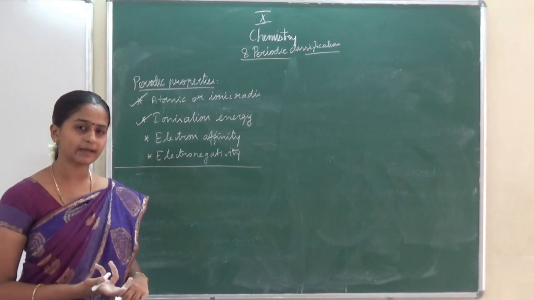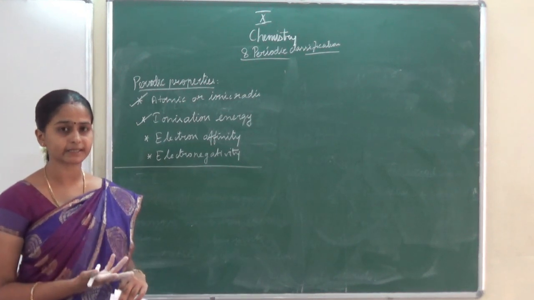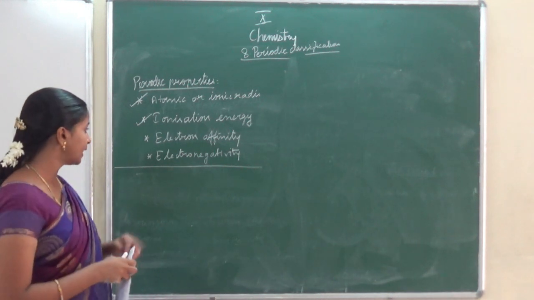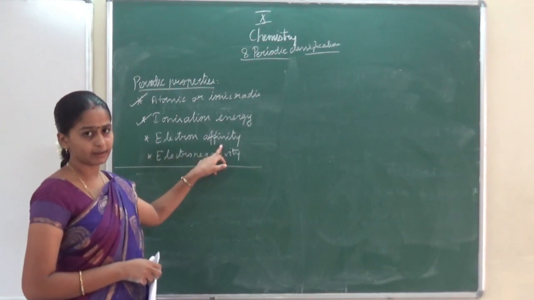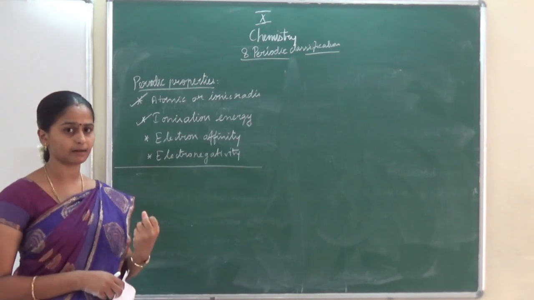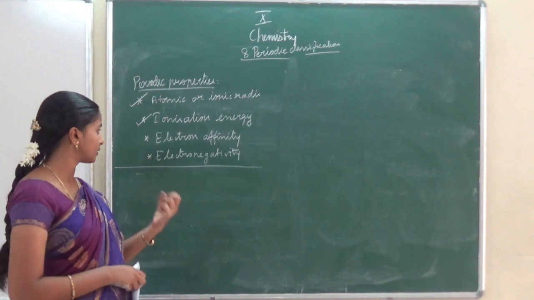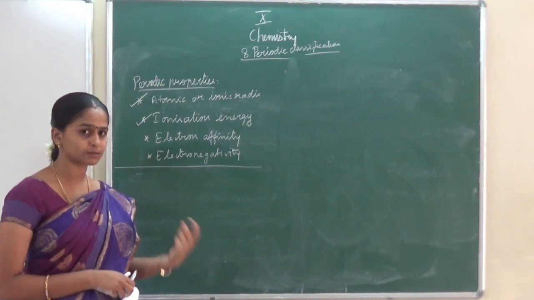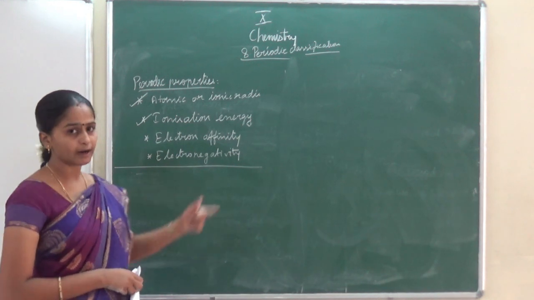What is the meaning of the word affinity? Affinity means affection, desire, love. Affinity towards whom? Electron. Electron affinity. One atom wants to gain an electron, to attract one electron and become an anion. Such a property is called electron affinity.